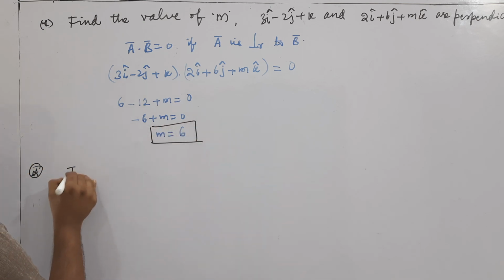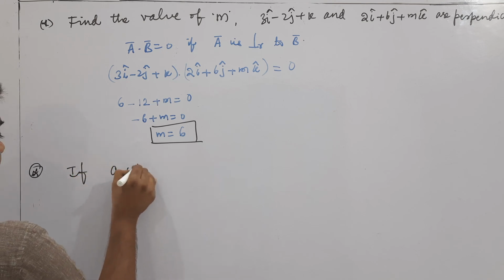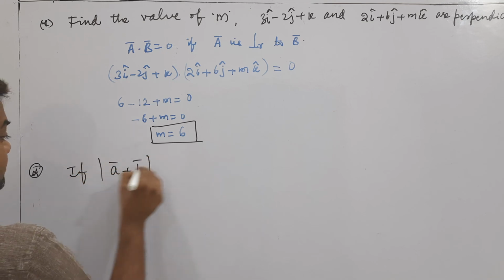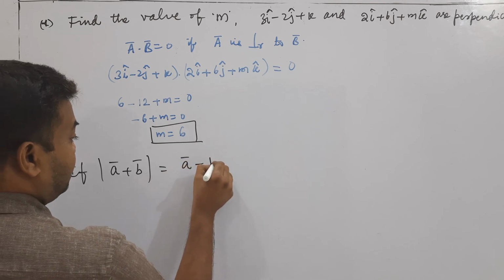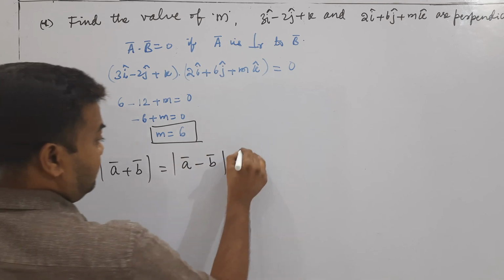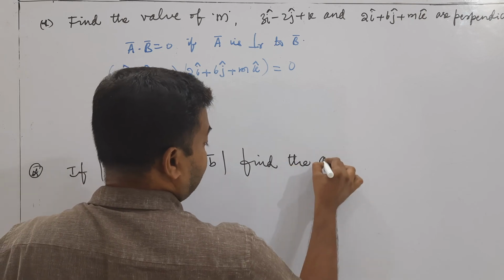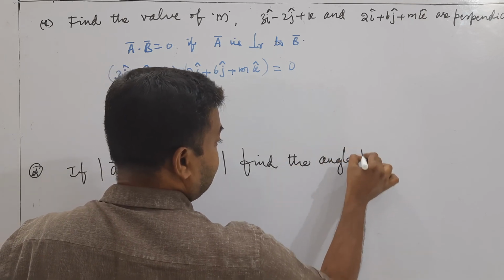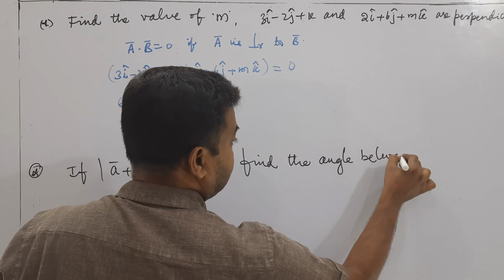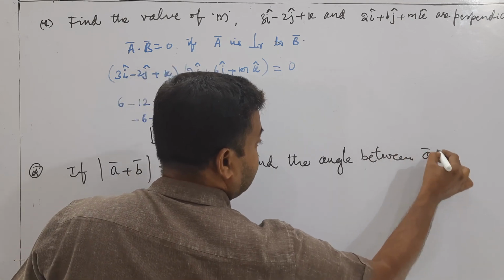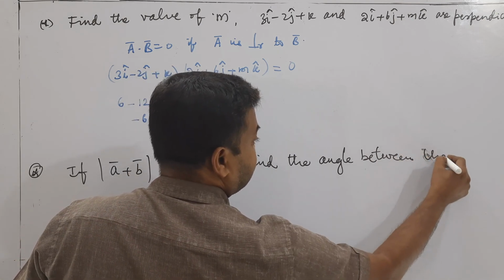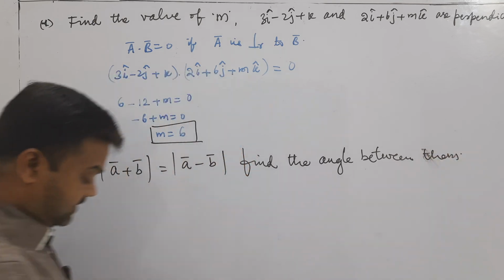One more. If modulus of a bar plus b bar must be equal to modulus of a bar minus b bar, find the angle between them.